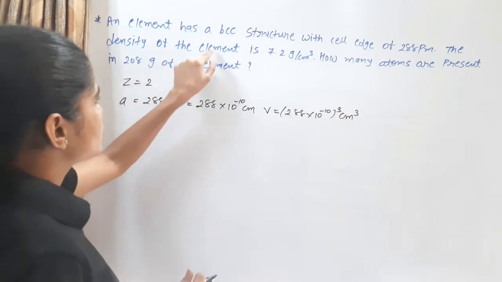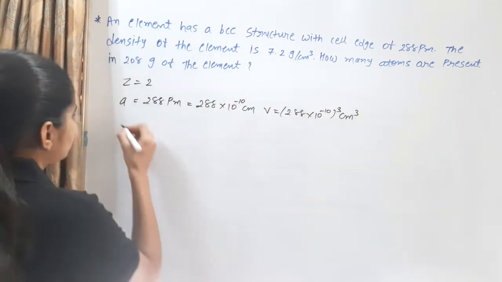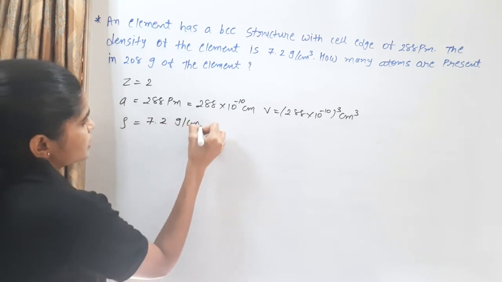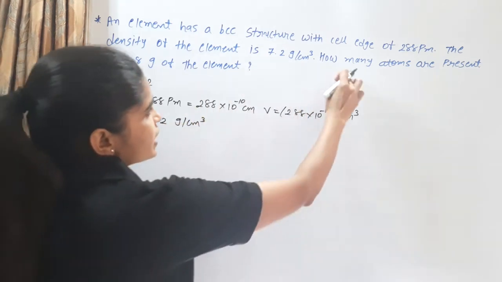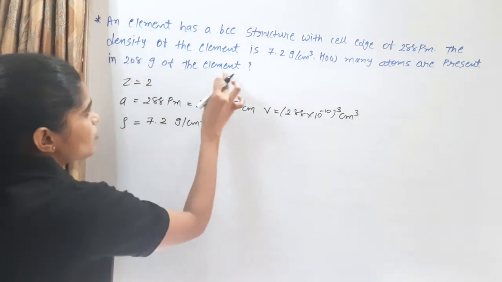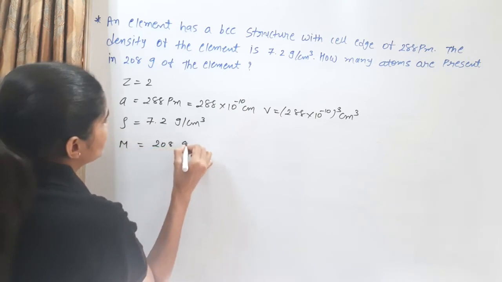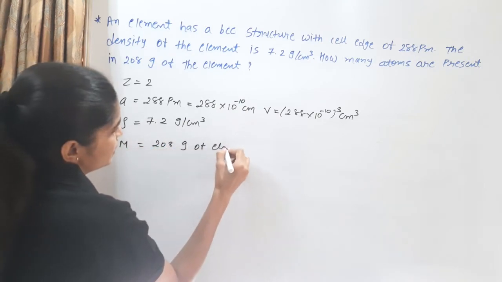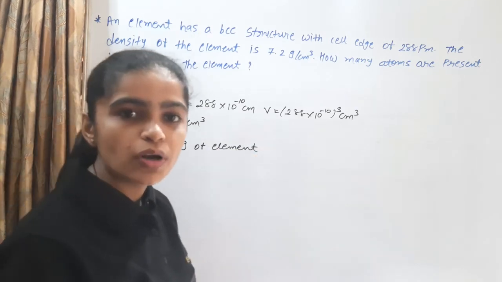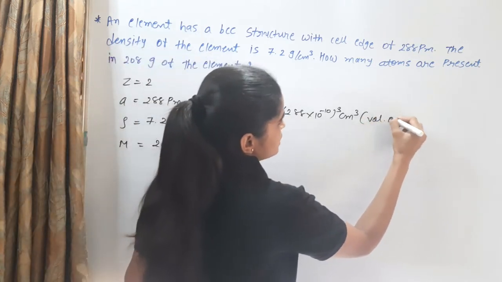Then the density of the element is 7.2 gram per centimeter cube, so rho is equal to 7.2 gram per centimeter cube. We calculate how many atoms are present in 208 gram of the element. M given is 208 gram. First we find the volume of the element, not the volume of the unit cell.